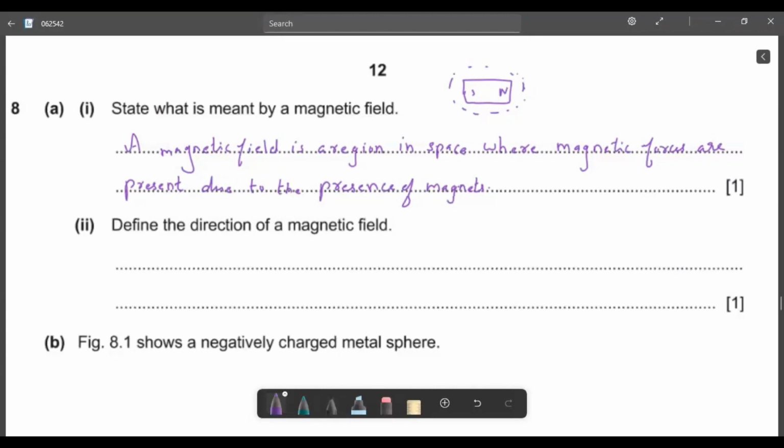Simply we can tell it as the direction of magnetic field will be in the direction of the force on the north pole. It is the direction in which a hypothetical north magnetic pole would experience a force if placed at that point.